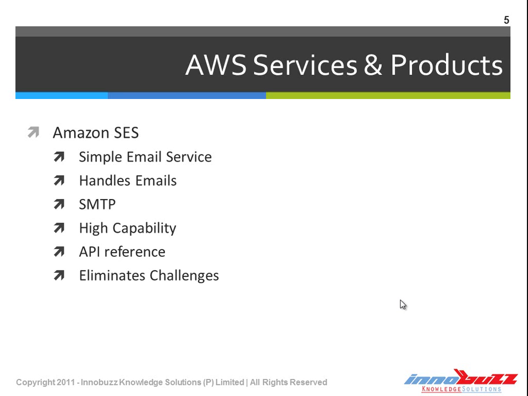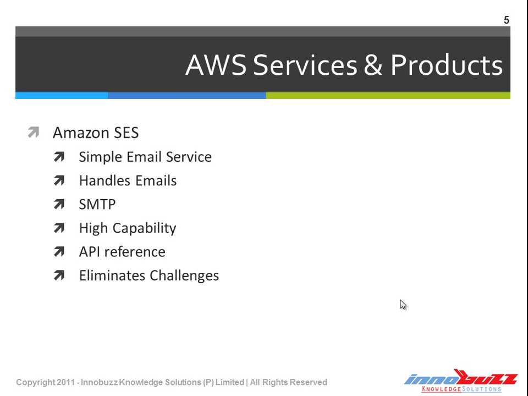That's the way it's designed, as an SMTP cluster, and it has API references. Amazon SES provides API packages for almost all of the programming languages like Python, PHP, Java, and .NET. All these languages have the API reference package for using Amazon SES.